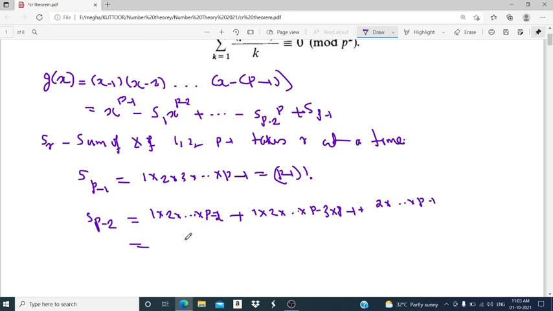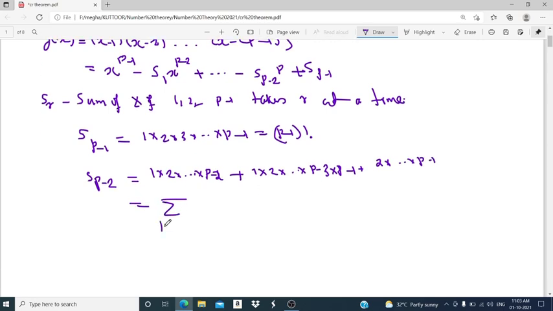Which is equal to the summation k equal to 1 to p minus 1 of (p minus 1) factorial divided by k. This is s_{p-2}.